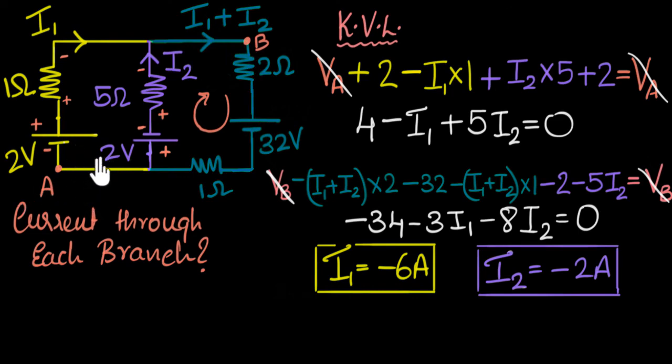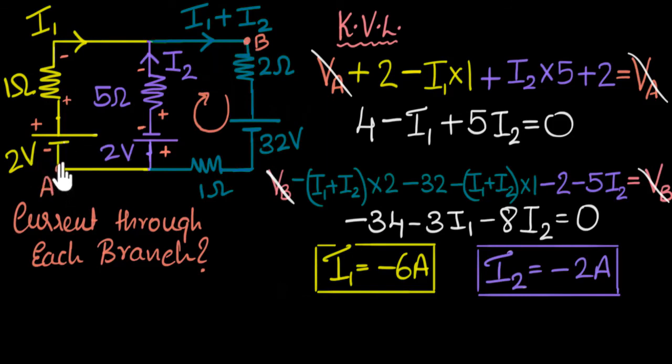And so the final thing is that you may be asked further questions. For example, they could ask you, what is the potential difference between, let's say, point A and point B? How do you calculate that? Well, you can use the same idea. You can use the same Kirchhoff's law, but instead of walking through the entire loop, you start from point A and you end at point B. I'm not going to do that.